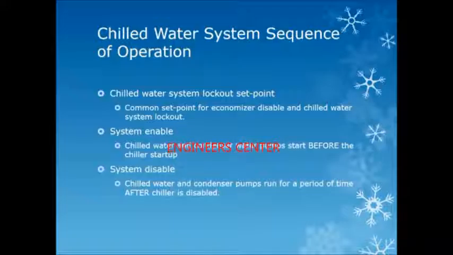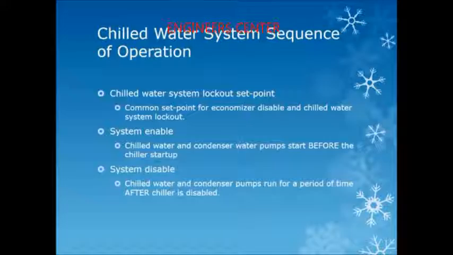Whenever the chill water system comes up, we disable the economizers of the air handler, close to outside air to allow the system to be cooled by the chiller only. When the outside air temperature reaches or falls below the chill water system lockout, the chill water system is disabled, allowing the outside air to be used through the air handler to cool the building.